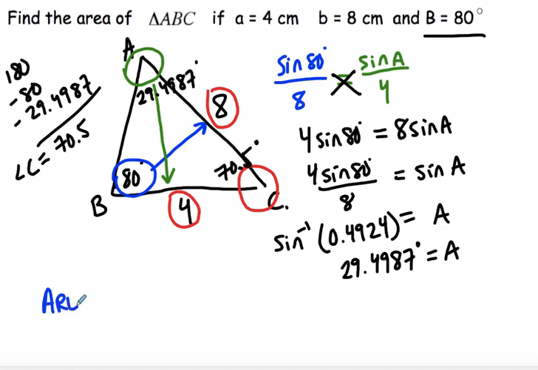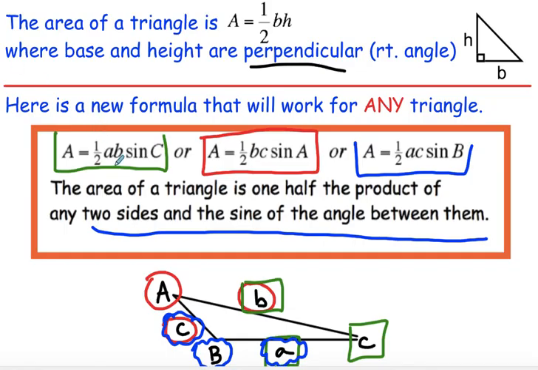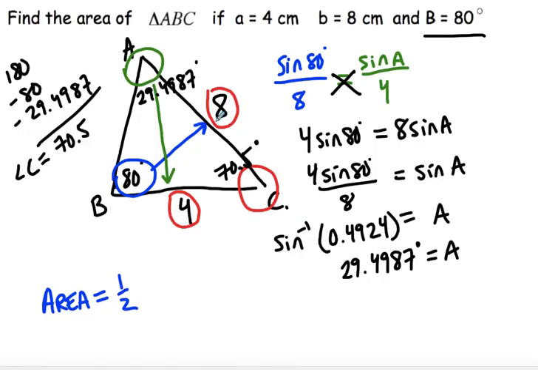So area is 1/2. Let's go back and look. I multiply two sides together and then do sine of the angle in between. So here are my two sides, 4 and 8. And then I multiply by sine of the angle in between those two sides, which is 70.5. Don't forget degrees when you type it in.